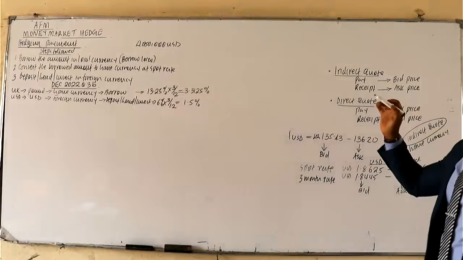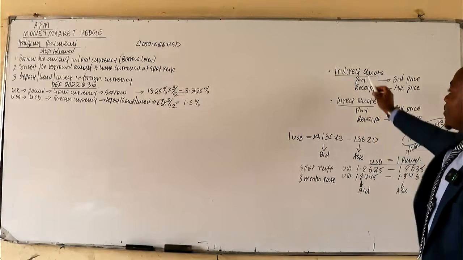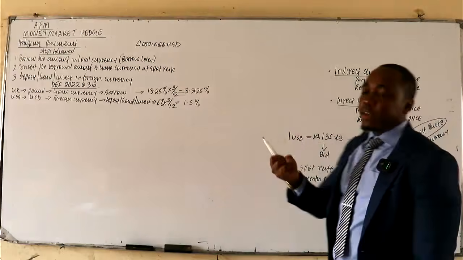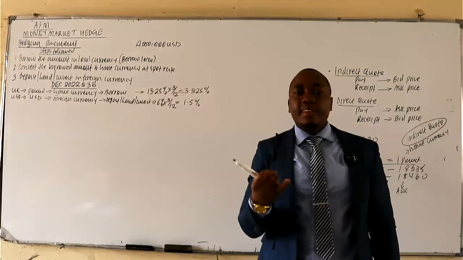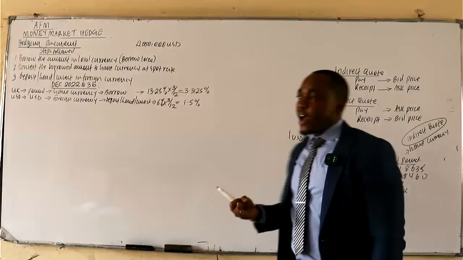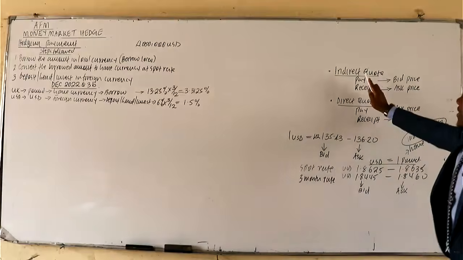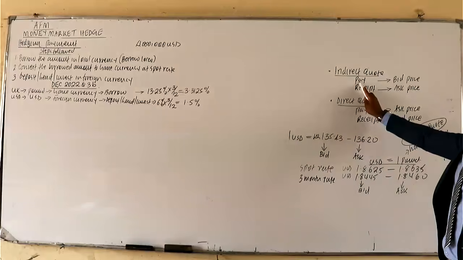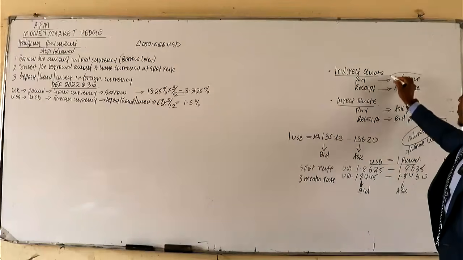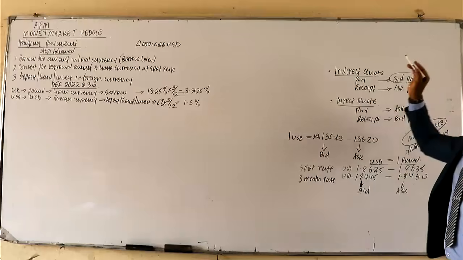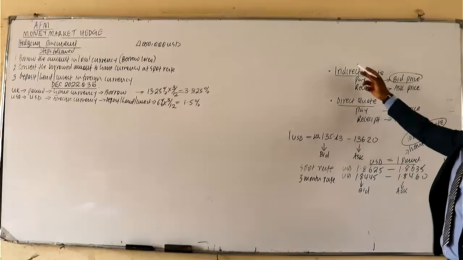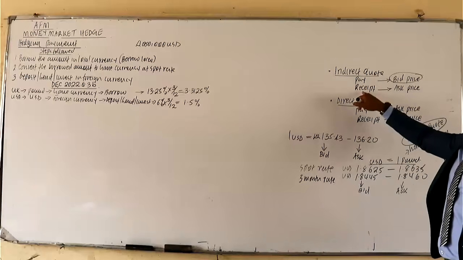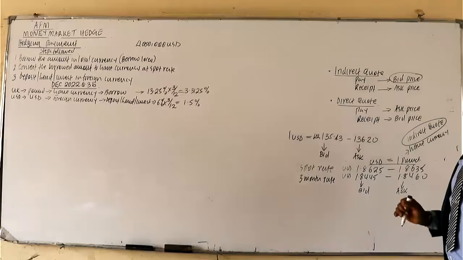So therefore, do you use ask or bid? This is what we use. Number one, we are hedging the payment, and we have an indirect quote. So you are paying, therefore the price to use is the bid price. So kindly, this one needs to be at your fingertips. If it's an indirect quote and you are hedging the receipts, we use the ask price.